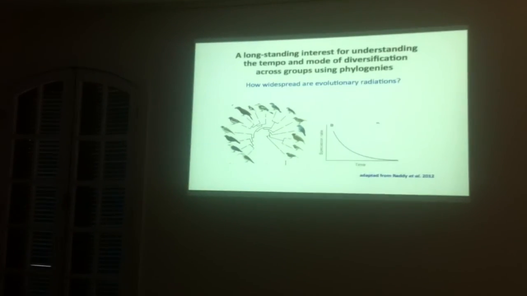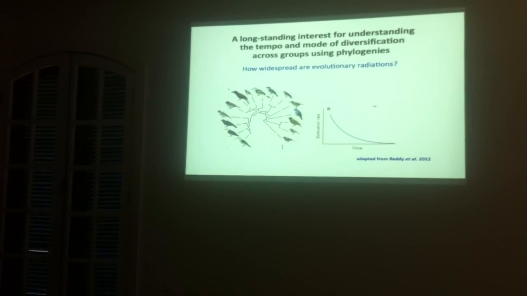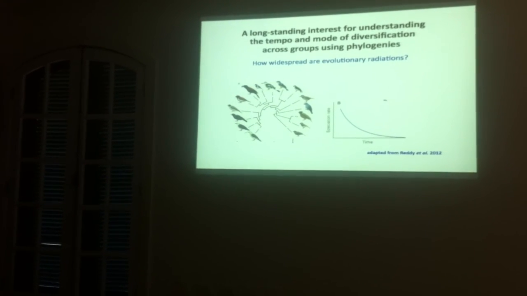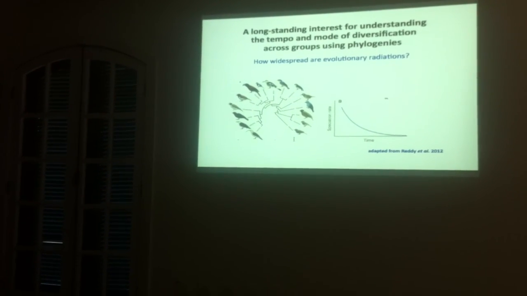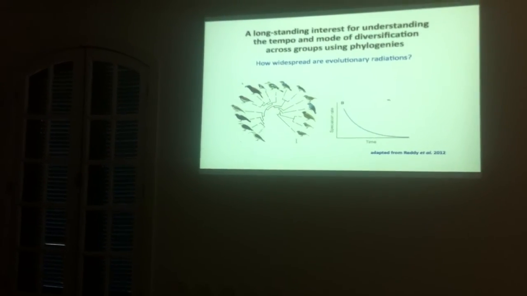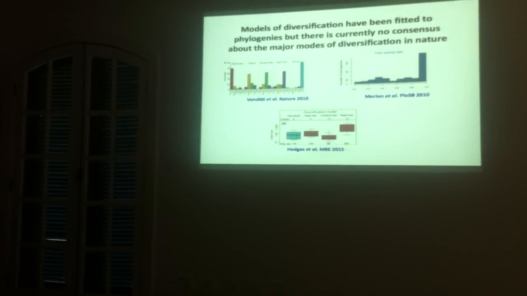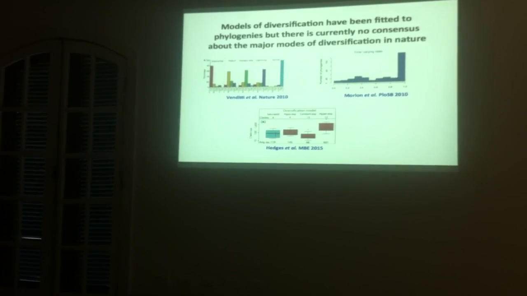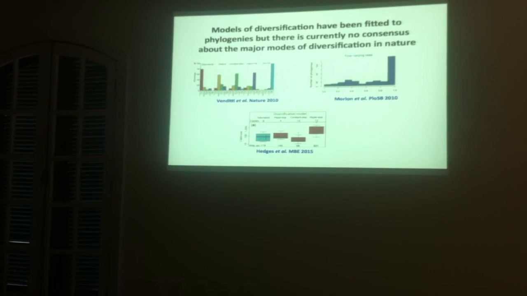So the approach that we have to tackle these questions is to develop different models of diversification and then find ways to fit these models to molecular phylogenies. I'm not going to go too much into the details of the different models that we use to do that. There's a whole bunch, and it's not the purpose of the talk today.